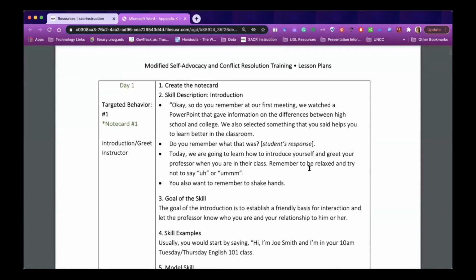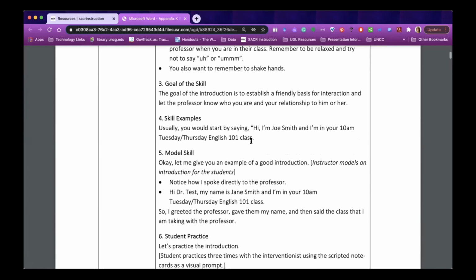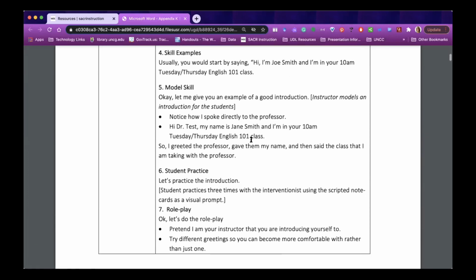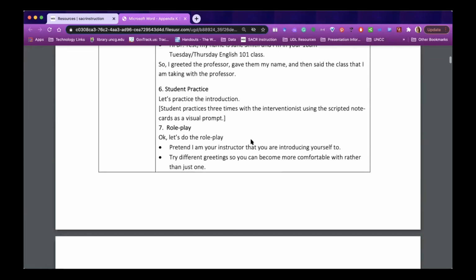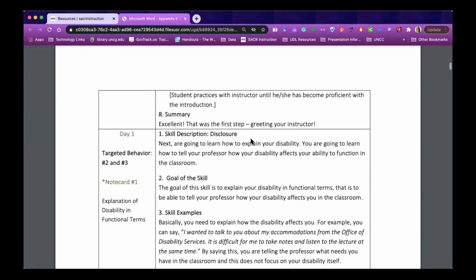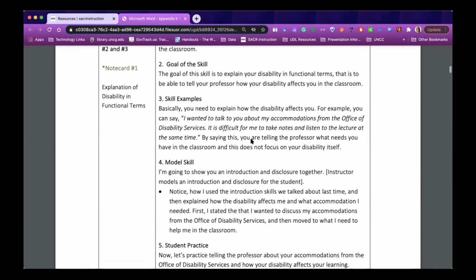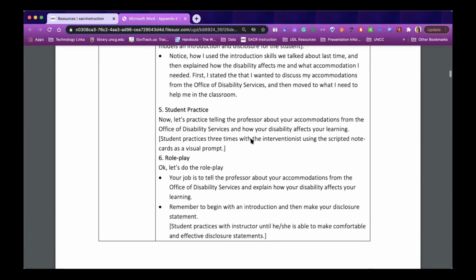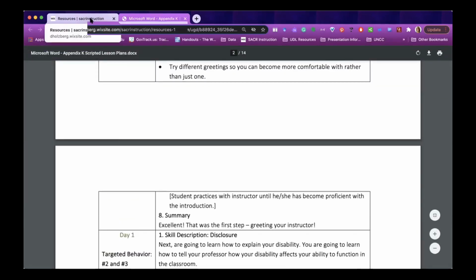And it's literally done so that you read through this and it walks you through the note cards the way that I spoke about it a little bit earlier. Okay, so it gives the goal of the skill, some examples, then you model it, then the student practices, and then you go into the role play. And then it's broken down by days and by target behavior. Okay, so it's all there. It's really, really clear, and it shows how to do it.